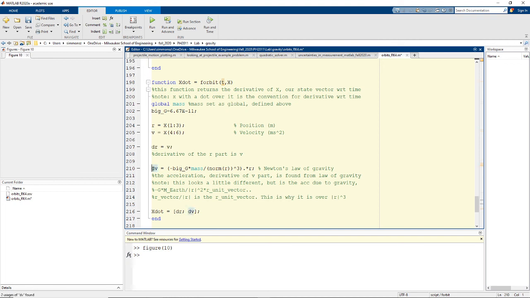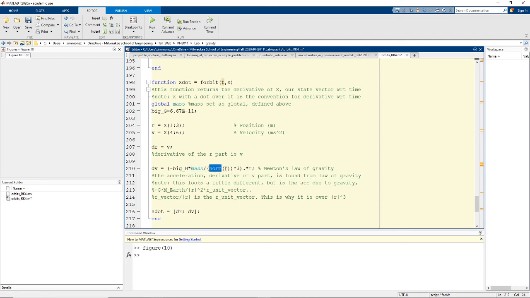And then to find the acceleration, it does Newton's law of gravity. So this is Newton's law of gravity right here. We have G, we have the mass, in this case, the mass of the Earth.